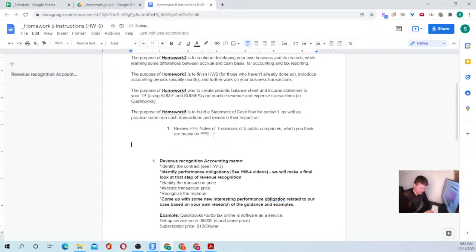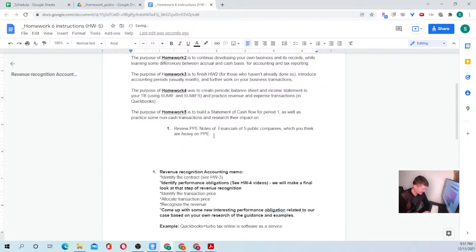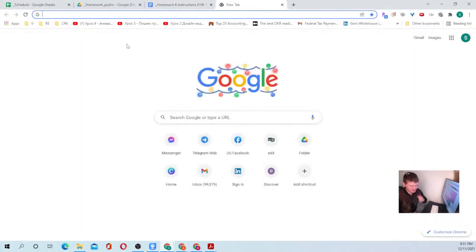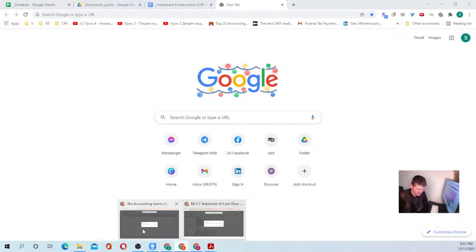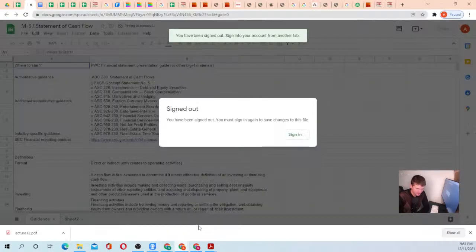So you will need to select 5 publicly traded companies which you think are heavy on property, plant and equipment. And let's take a look. I've already got 2 of those open.